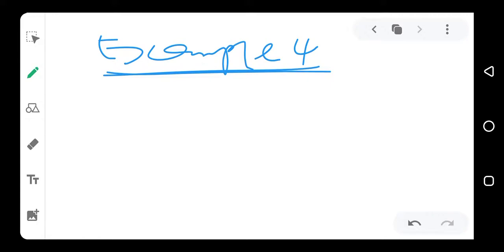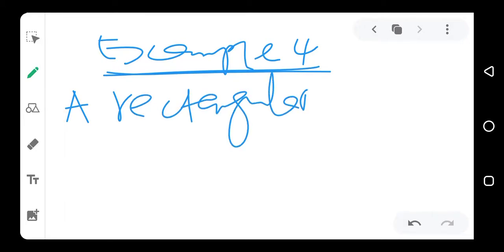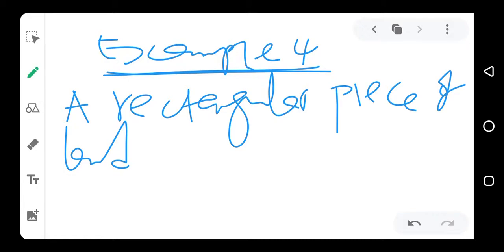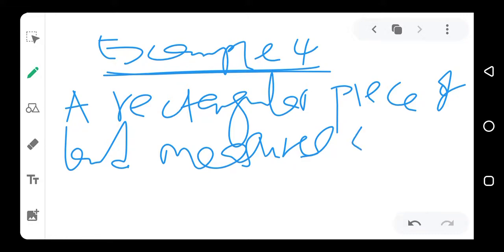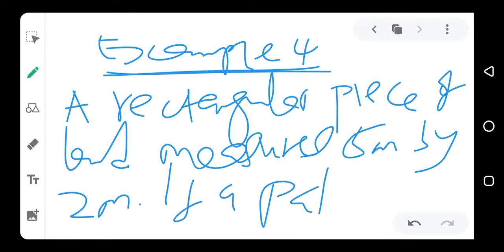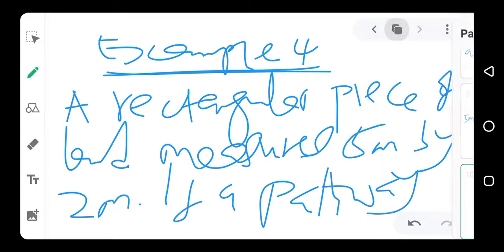A rectangular piece of land measures 5 meter by 2 meter.